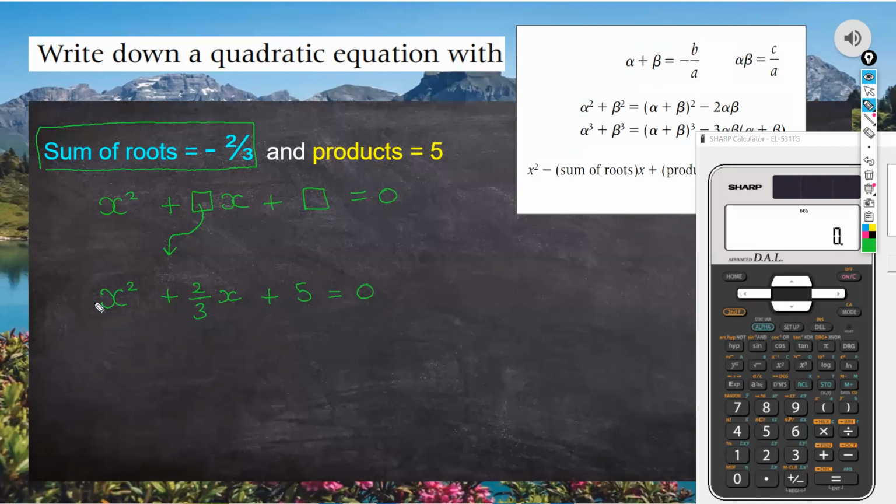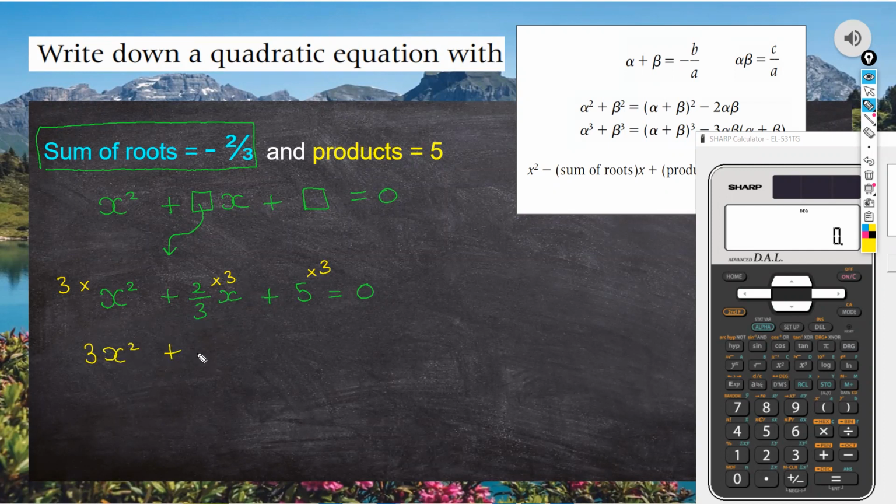So we cannot leave it like this. Whenever you have a denominator, in the videos I showed you that you need to multiply throughout by the denominator. So this 3, we have to multiply everyone by 3. And if we do that, we'll get 3x squared. The 3 and the 3 will cancel out to give you 2x plus 15.